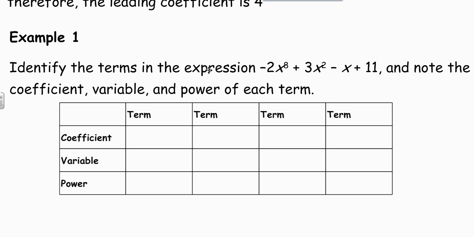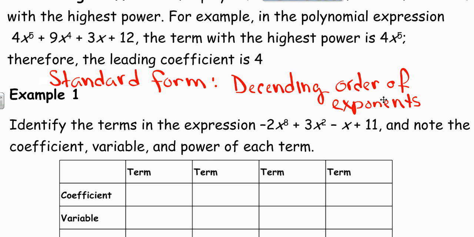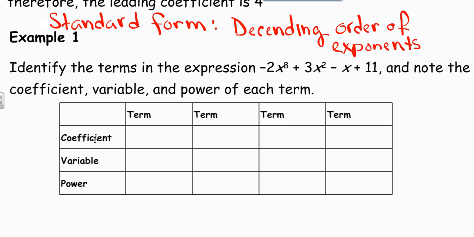Example 1, identify the terms in the expression negative 2x to the 8th power plus 3x squared minus x plus 11. I want to make very sure that y'all understand that this is in standard form, and that means descending order of exponents. And this polynomial here is in descending order.